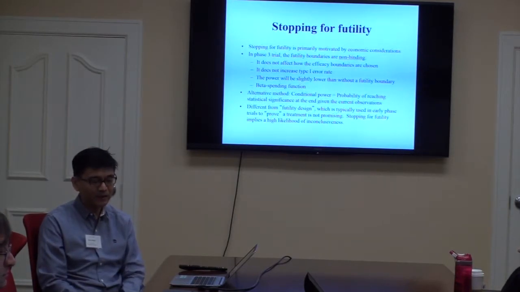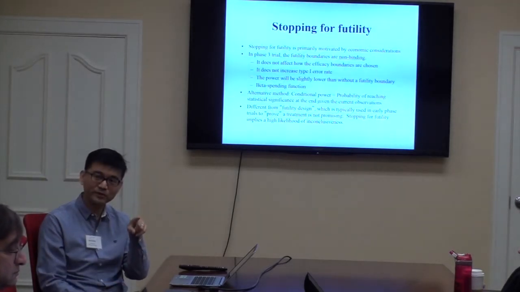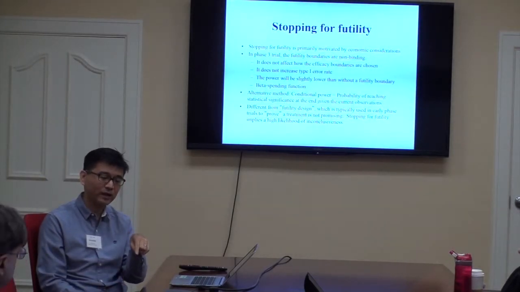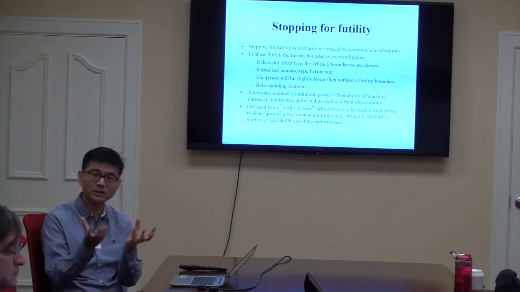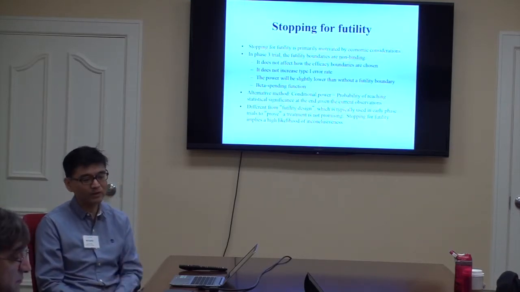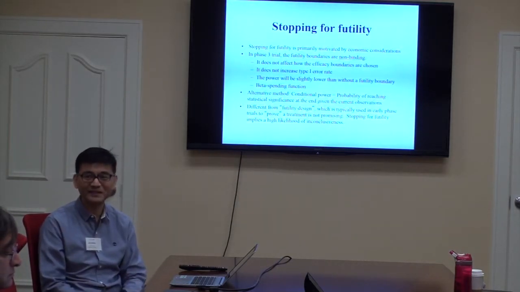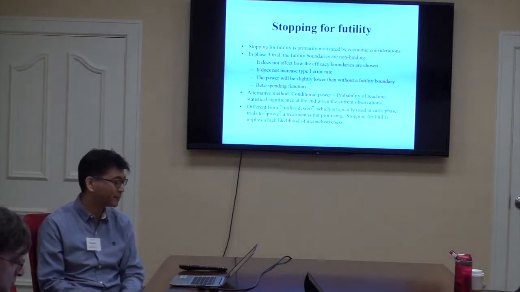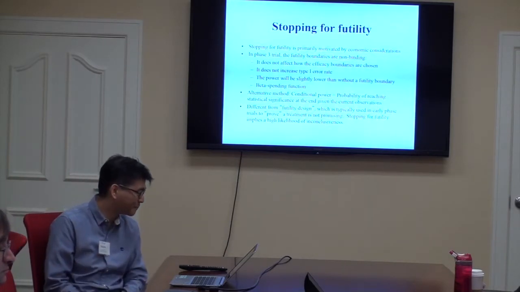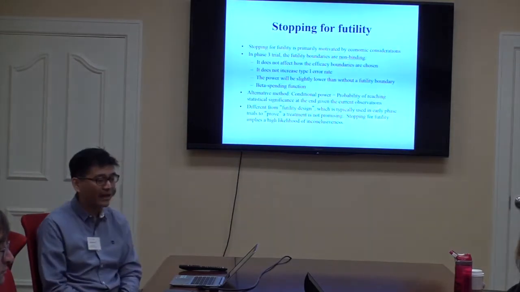But I think we should not base this on only one endpoint. Stopping for futility gives us some leeway to deliver the evidence in totality, instead of just saying we crossed a boundary, so stop. This is where clinical trials get interesting, I think.